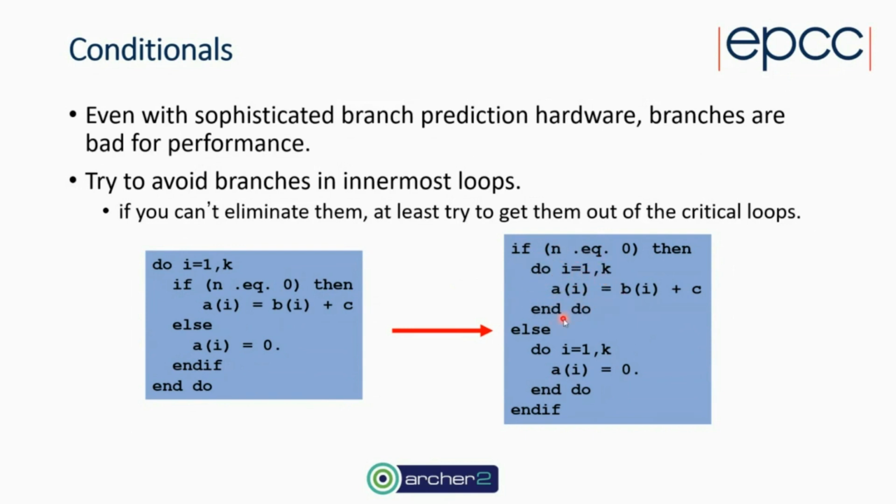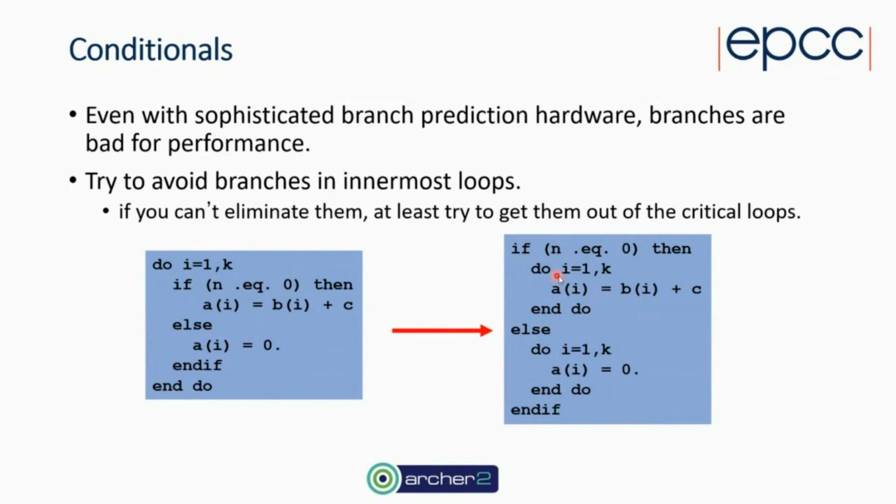The loop does have a branch at the end of it, but branch prediction hardware is very good at predicting loop iterations, so this branch is not as expensive as the one we had before.